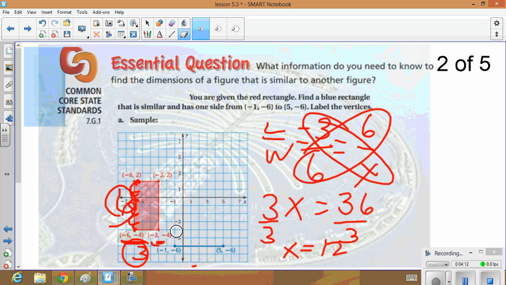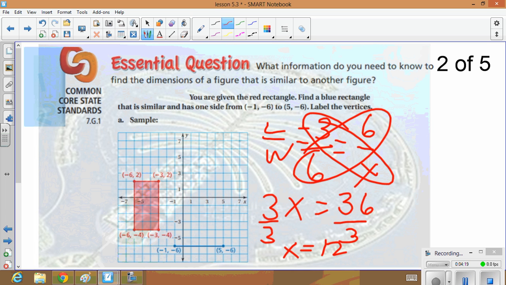So that means from this point, -1, -6, I need to go up 12 units. So here we go: 1, 2, 3, 4, 5, 6, 7, 8, 9, 10, 11, 12.